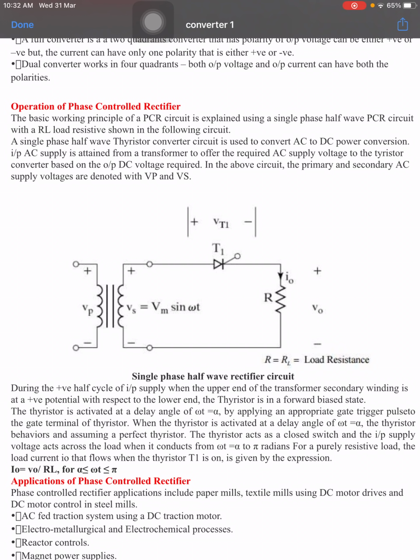When the thyristor is in the open circuit condition, what is the thyristor voltage? Source voltage, because up to that point the voltage is applied. After that there is no source voltage applied to the R load because the thyristor is an open circuit. Then what is the output voltage? 0.